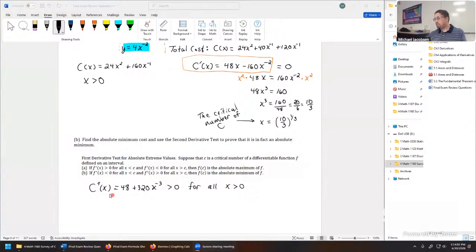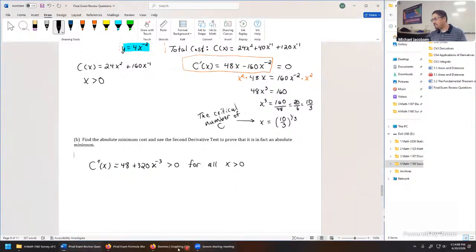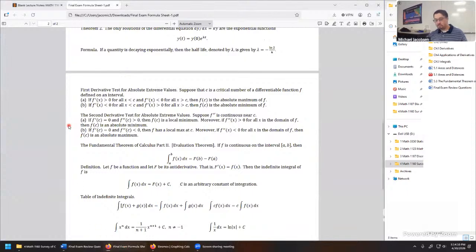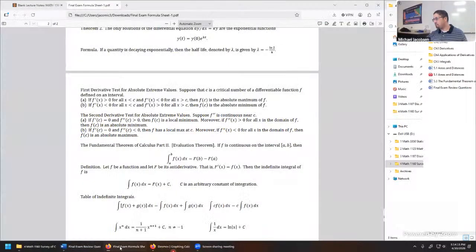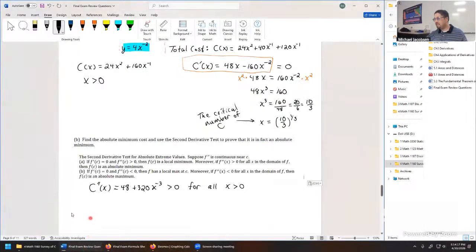Okay, well, let's look at what this test says. First derivative test, that's the wrong one. Let's try again. We want the second derivative test. So that's this one right here. Makes sense that it'd be on the notes in the second spot. There we go.